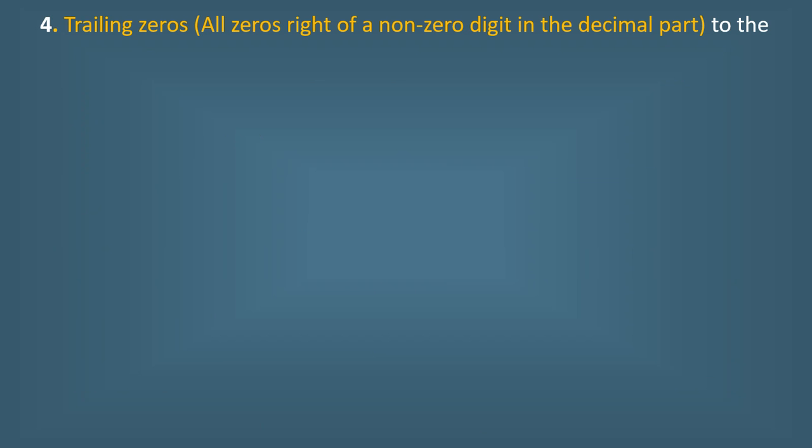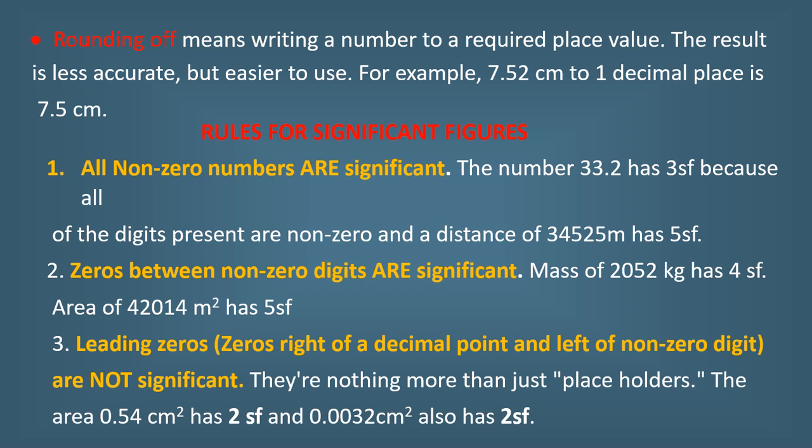Rule number 4. Trailing zeros. The other ones we talked about were the leading zeros, which are to the right of a decimal point but to the left of the non-zero.